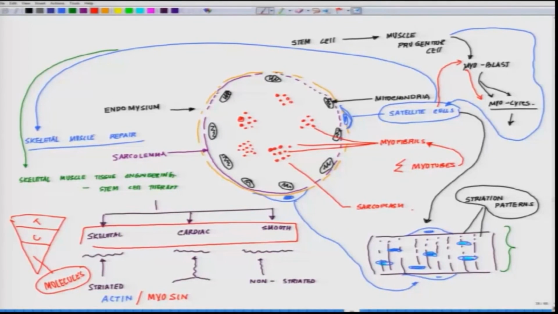It will be more of a molecular classification, where this signature of actin and myosin will be critical in determining the force generation, because this has a direct relation to the force generation. Based on that, you will be classifying the muscle.